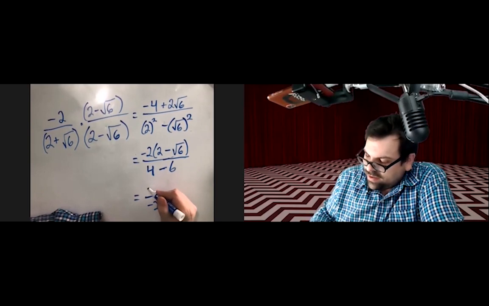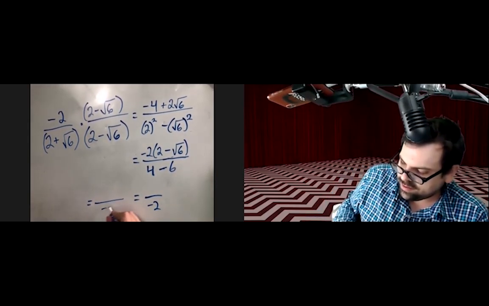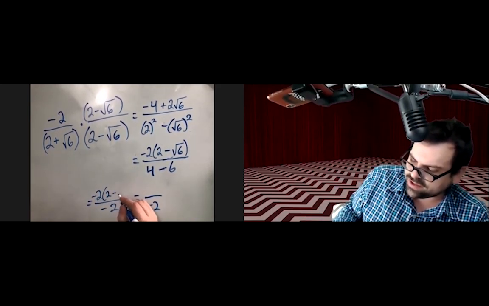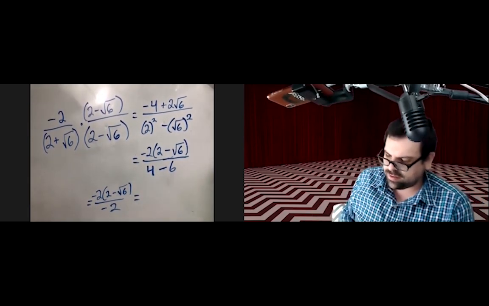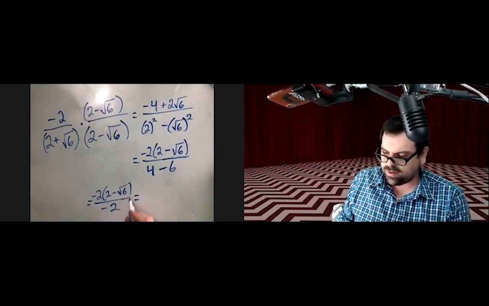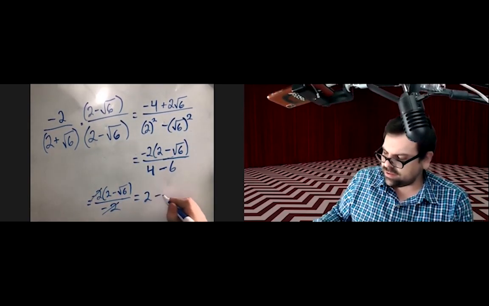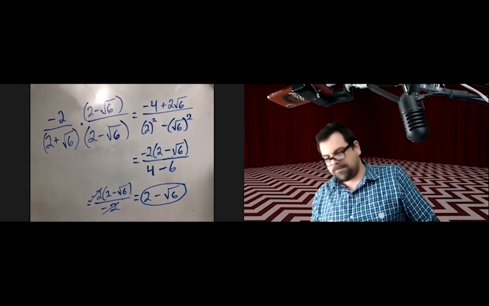Well, there's a -2 on the bottom. If I take this -2 from the top, I can cancel those -2's, and my answer is just going to be 2 minus radical 6.